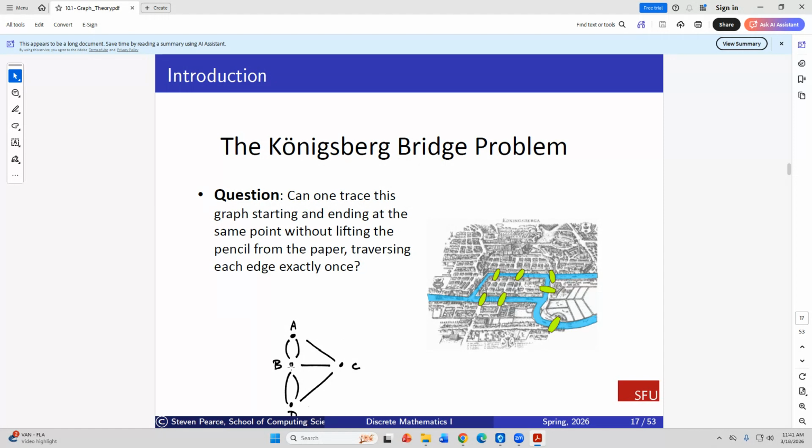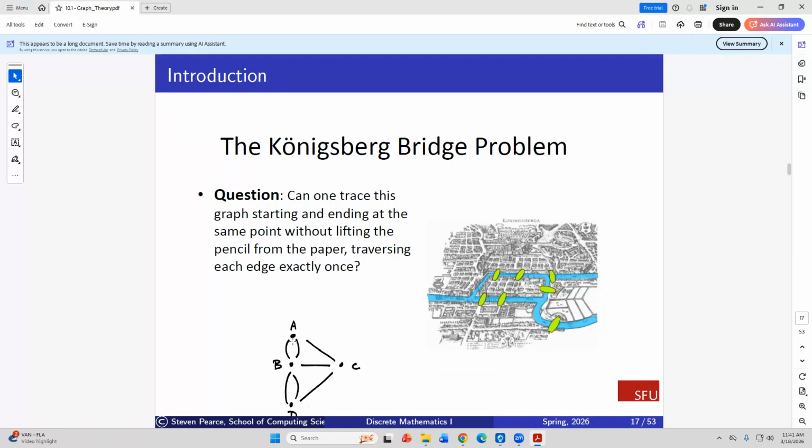The degree of this is 5. The degree of D is 3. So this is 3. I said 2. I was wrong. This here is 3 on C as well. So no, I'm sorry. It is 2.